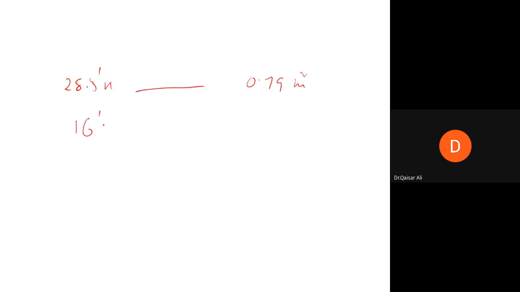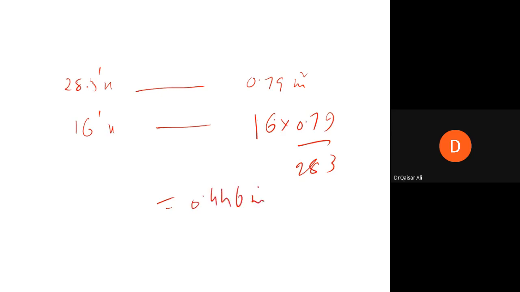For 16 foot-kip, it will be equal to how much? 16 into 0.79 divided by 28.3, which is 0.446 square inch.